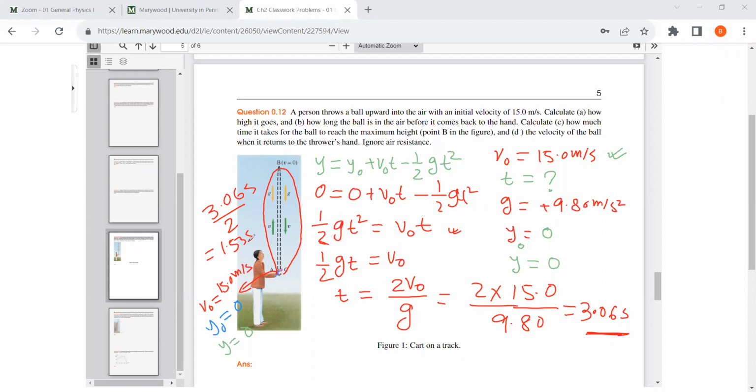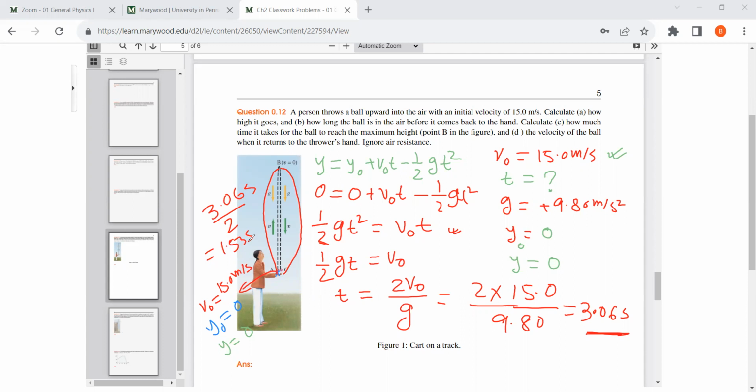So that's the beauty of a free fall problem. When you ignore the air resistance, the total time it takes to go from position A to position C is 3.06. If I want to know the time it takes to go from A to B, it will be just half of 3.06, and that is 1.53 seconds.